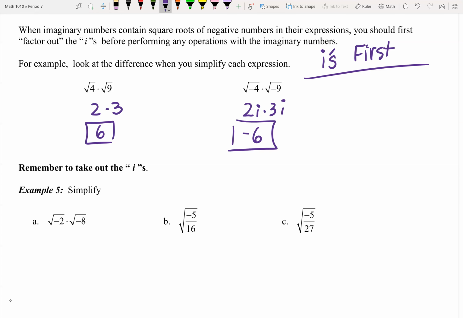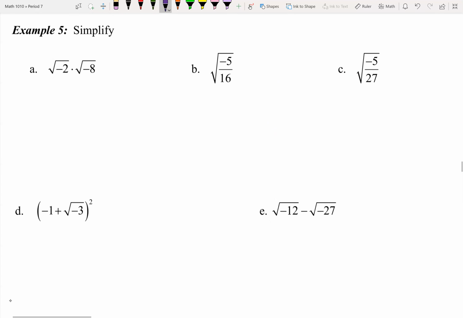Okay? So be careful. Okay, here we go with question 5. Tell me, everybody in the room, what do I do first? Take out the i's. Okay? So, this is going to be i square root of 2. This guy's going to be i square root of 8. You guys, if I wanted to, I could take that 8 and start breaking it down.